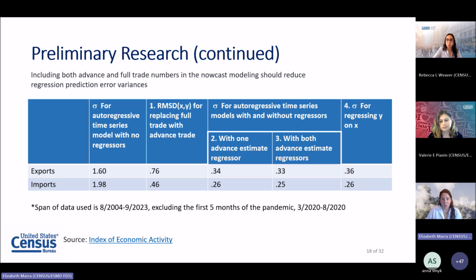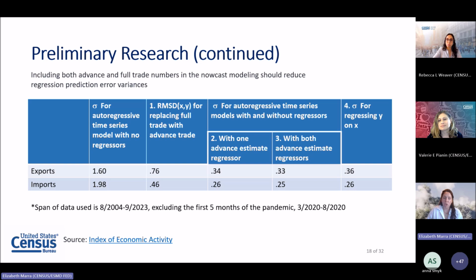The 2 columns after that show the AR models, including either one or both advanced estimates as regressors. Notice again that the error is reduced by close to half. And then finally, in the last column, we have the simple linear regression.